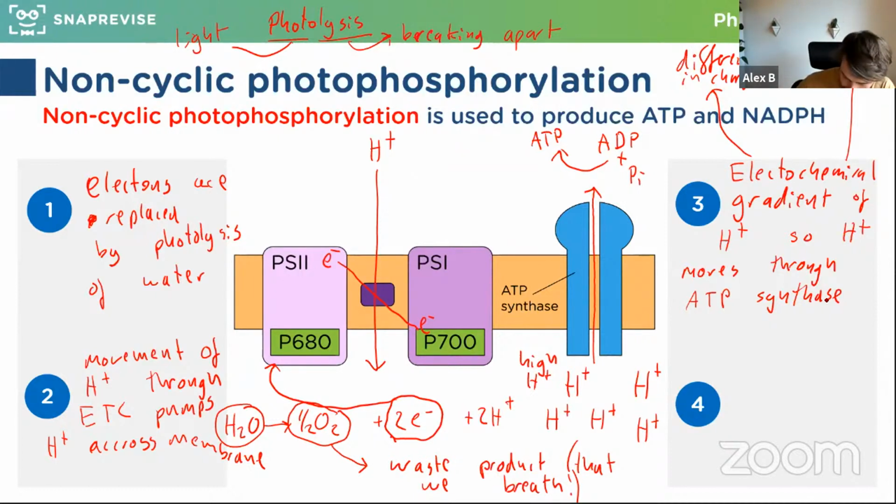Let me add that label: H plus moves through ATP synthase, turning ADP, adenosine diphosphate, plus inorganic phosphate into ATP. Final note, this is known as chemiosmosis, or the chemiosmotic theory.